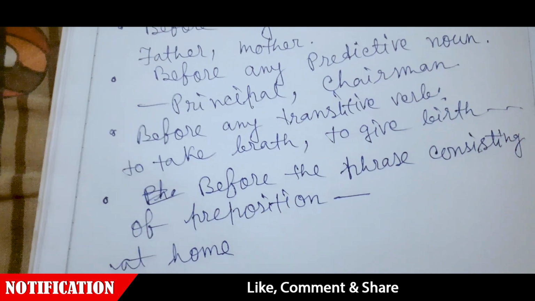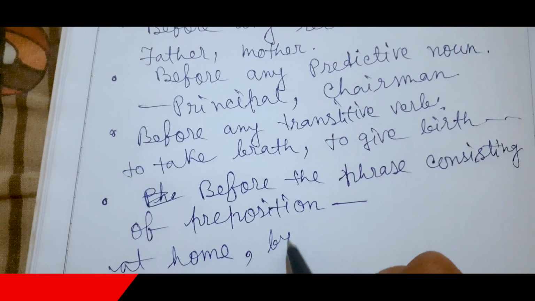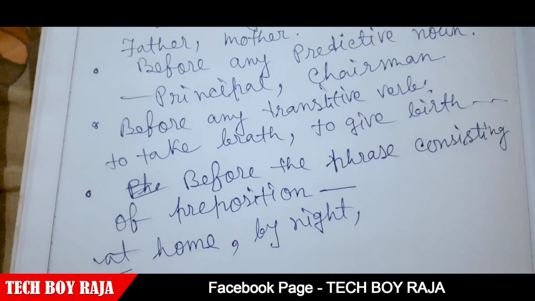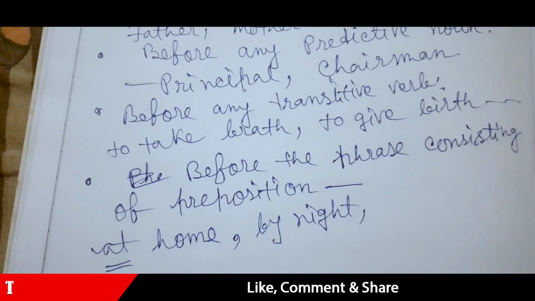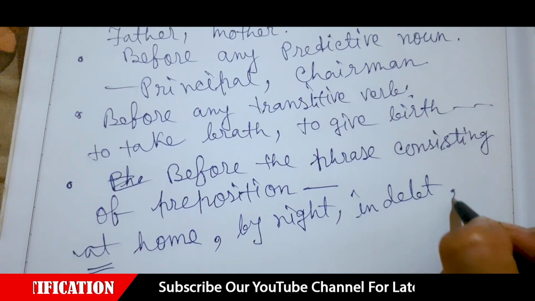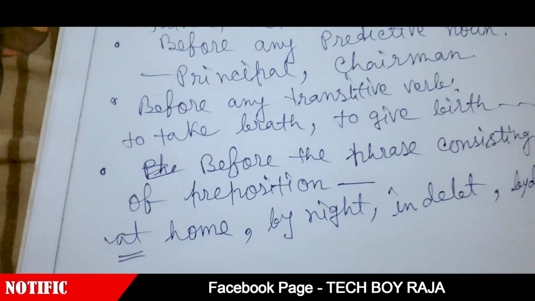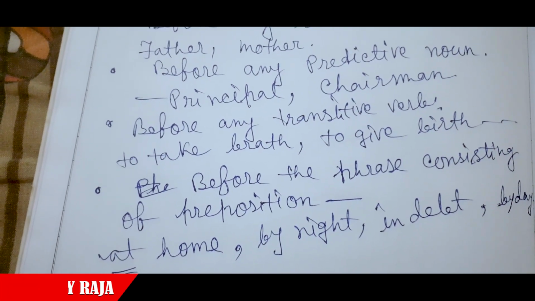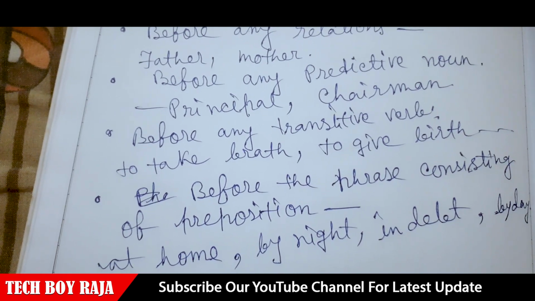Here the preposition is at, so at the home, not only at home, or by night, these are phrases, so no need to use any articles there, just after the preposition directly the noun. Okay, in depth, by day, like this many more are there. So you have to just note down that if it is a prepositional phrase, by day, no need to go for the use of article. Okay, so these are the few rules where you won't have to use articles, that means you have to omit the articles.